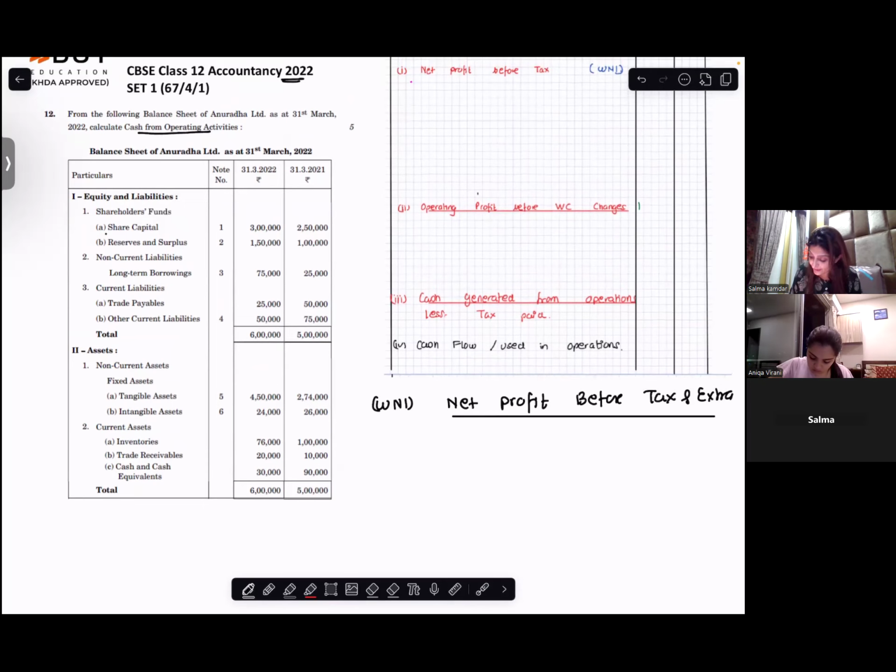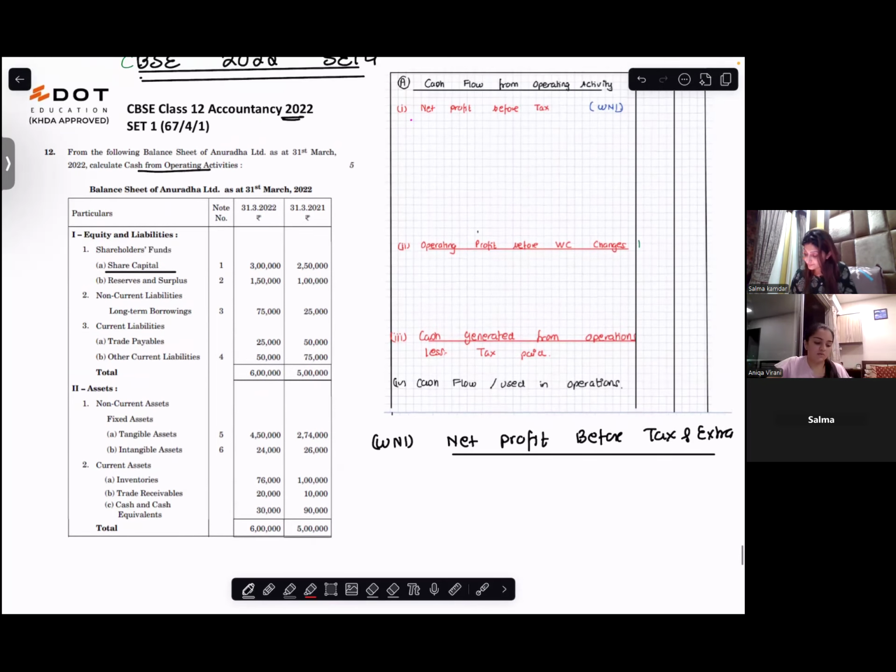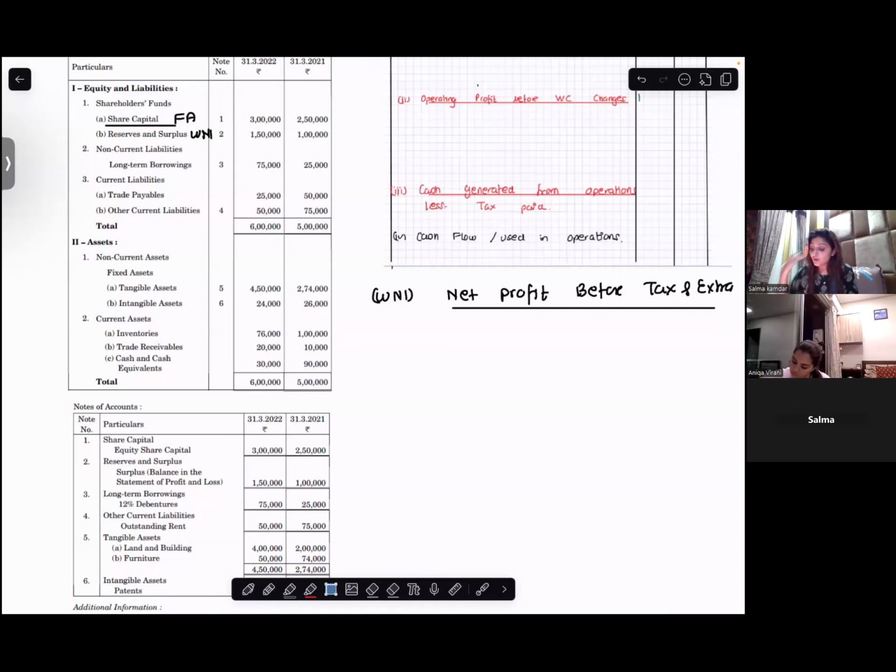Anything related to share capital will go to financing. Reserves and surplus, working note 1. Long term borrowings go to financing activities.